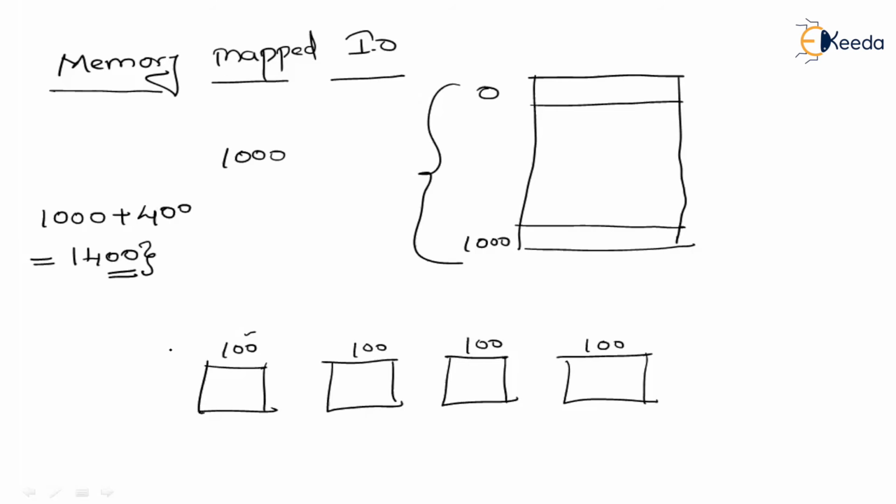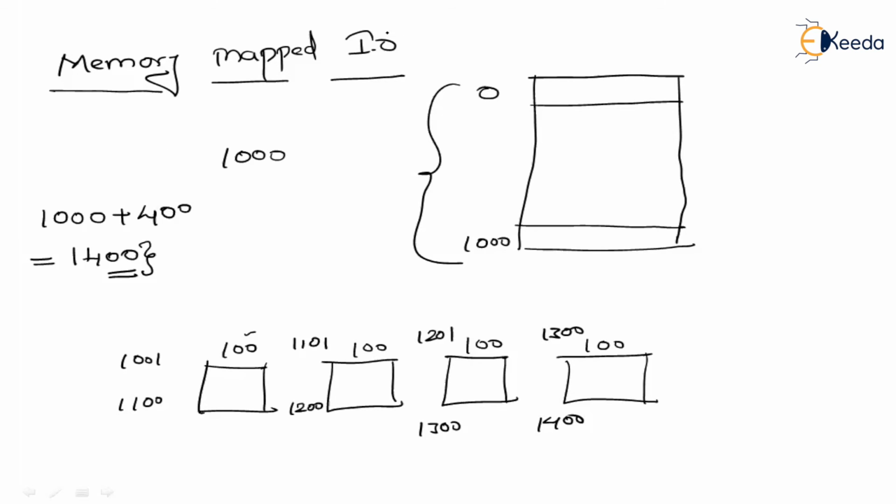So you know that the addresses will be 1001 to 1100, 1101 to 1200, 1201 to 1300, and up to 1400.